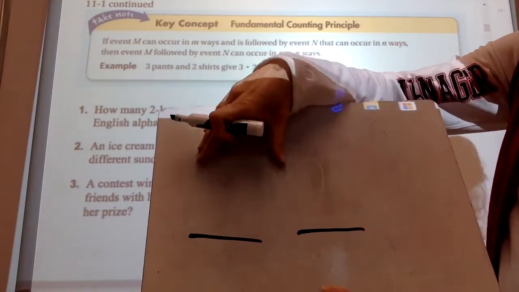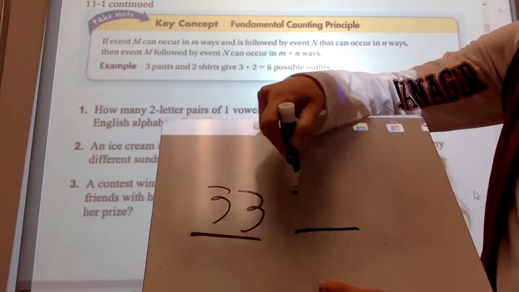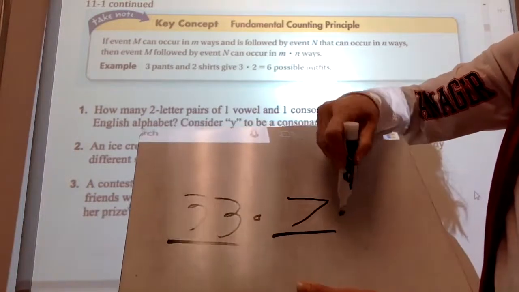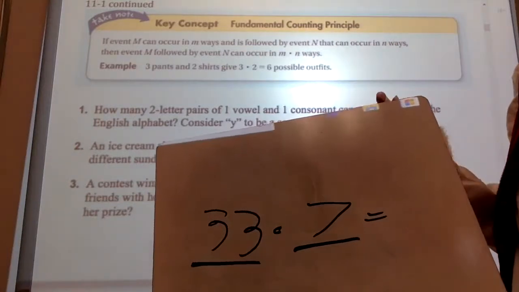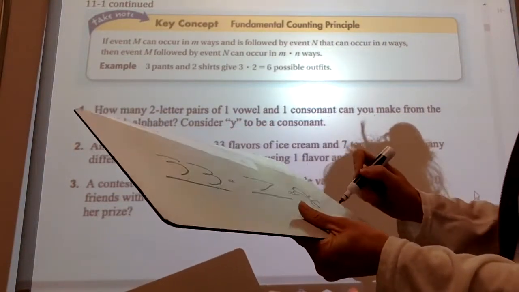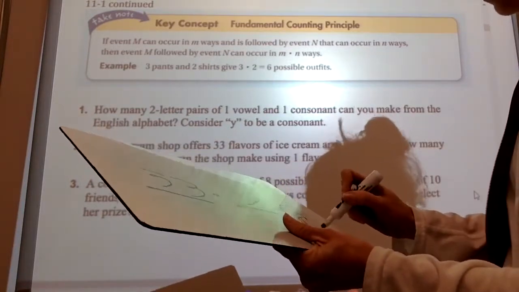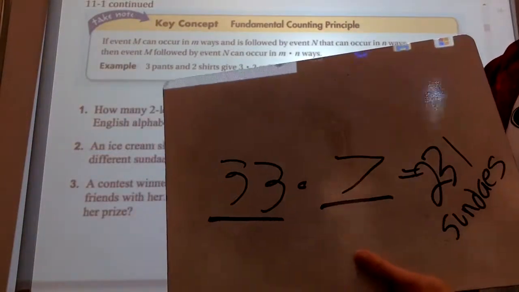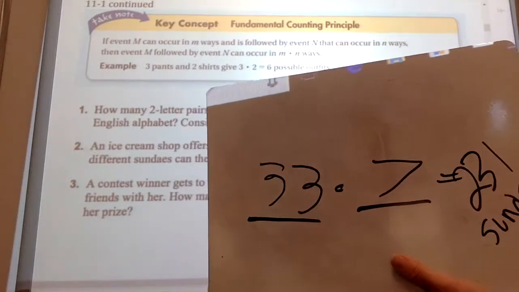So how many flavors do I have? 33 times how many toppings do I have? 7, and you multiply 33 times 7, which would be how many? 231, we could say sundaes, right? Different sundaes. A lot of these are going to have labels, like 231 different sundaes that you could pick by picking 1 flavor and 1 topping.